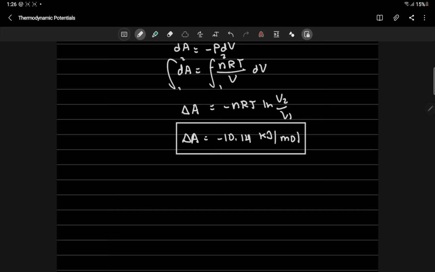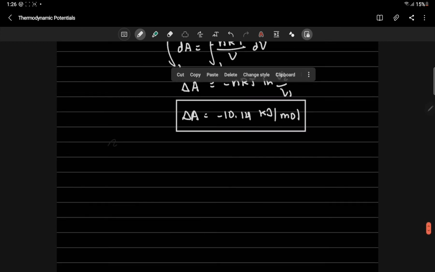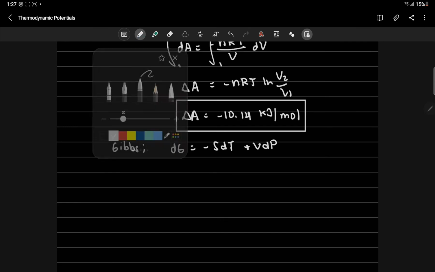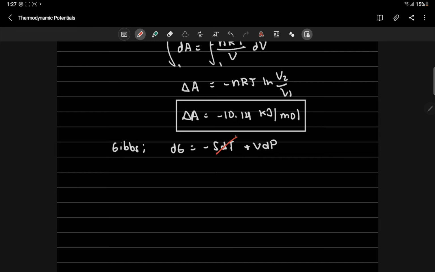And lastly, si delta G, right? Ano bang definition ni Gibbs free energy? Or the change in Gibbs free energy, that's dG equals minus SdT plus VdP. Again, isothermal tayo, so mawawala yung isang term. This will just be 0. So the equation for dG will be reduced to VdP. Ideal gas, so we can express V as nRT over P. Then we have dP here. Integrate from initial to final.